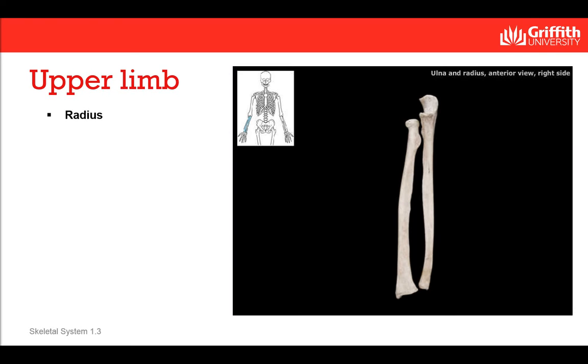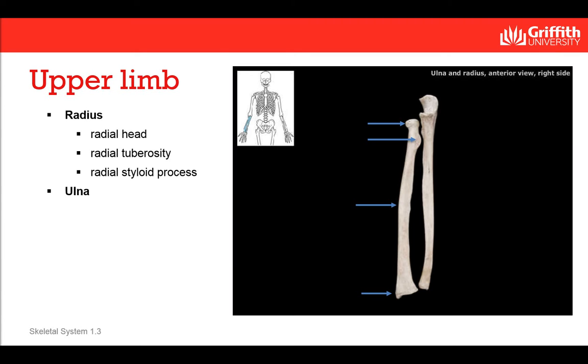Locate the radius, the radial head, the radial tuberosity, the radial styloid process, the ulna, the olecranon, the ulnar styloid process, and the interosseous membrane.